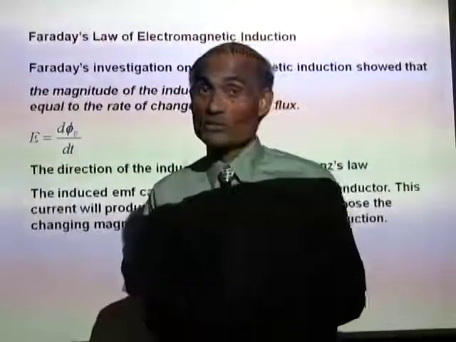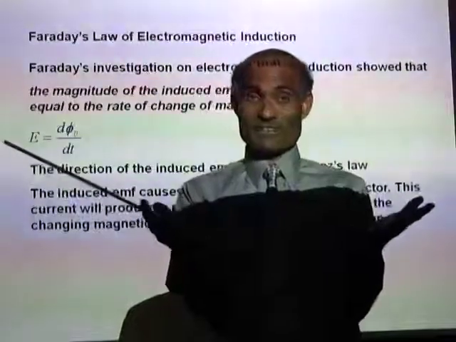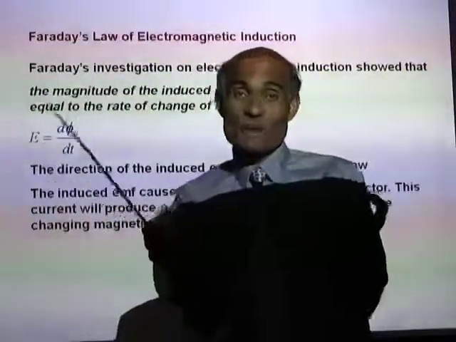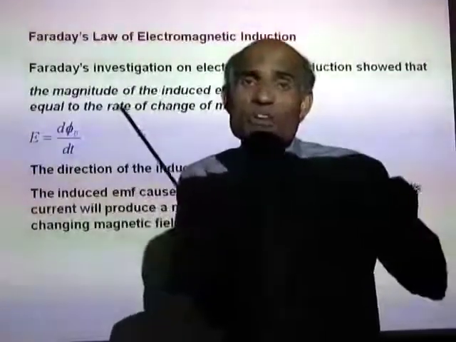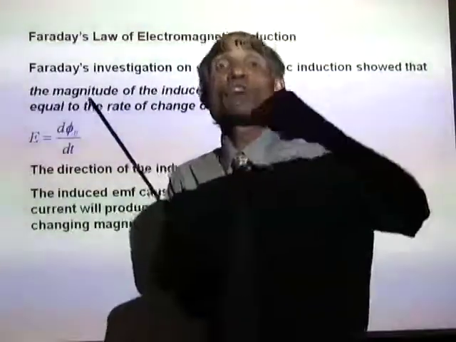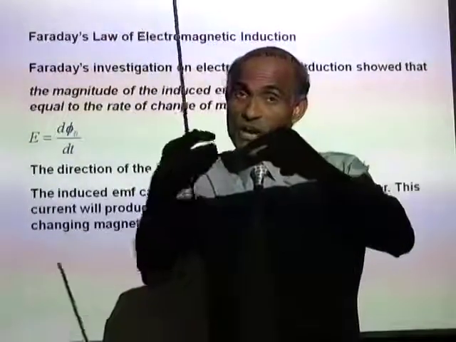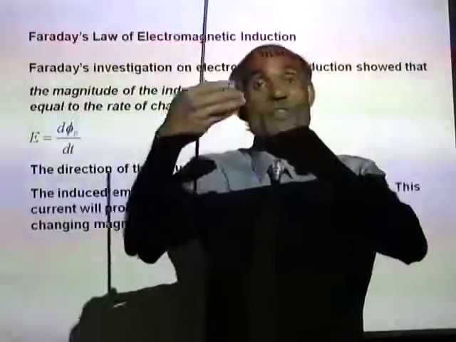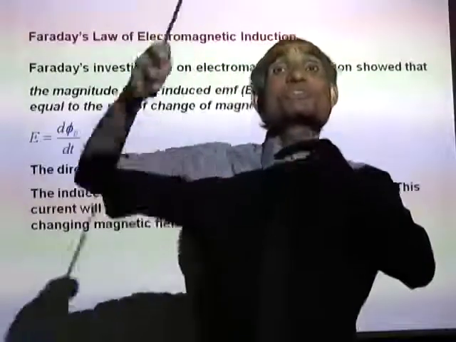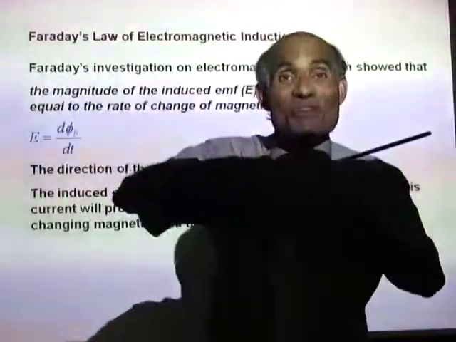Now, remember, there are two magnetic fields. What are the two magnetic fields? One is the original magnetic field, that is the cause of induction. Once there is induction and a current flows in the conductor, that current will produce another magnetic field.